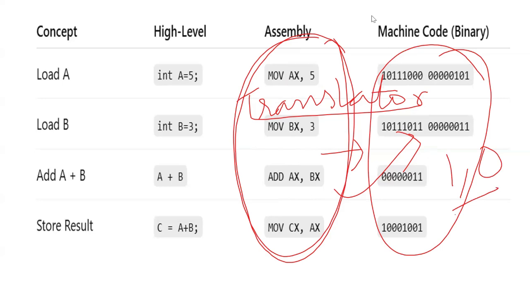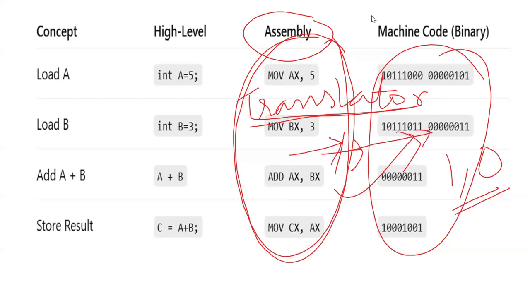But then why do we have assembly language? As I already said, assembly language is only to make the life of the programmers easy. Only to make the life of the programmers easy, the languages have evolved. So writing in assembly, you need a translator which will convert the assembly level language into the machine language.